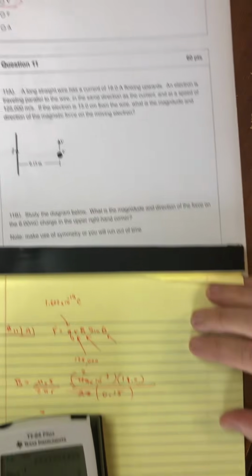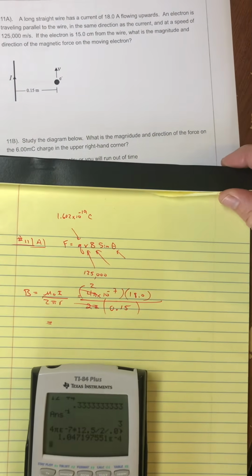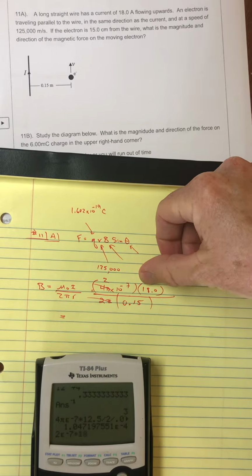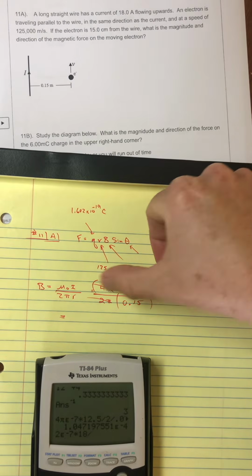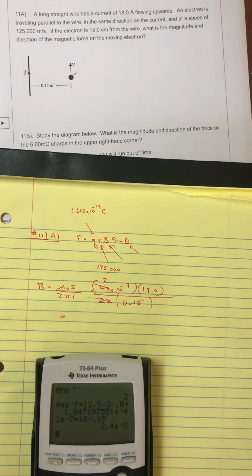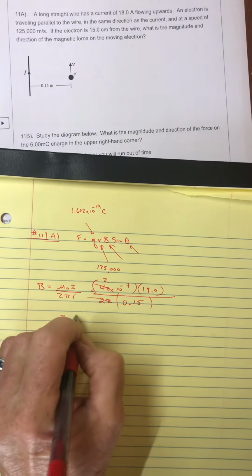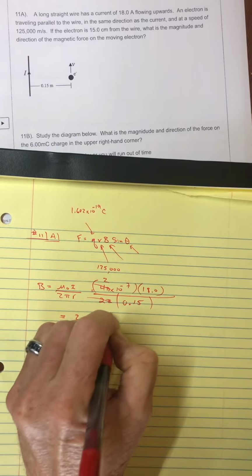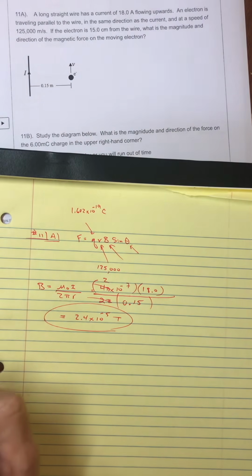So, grabbing my calculator, I'll put in my 2 times 10 to the negative 7, times the 18 divided by the 0.15, and it gives me 2.4 times 10 to the minus 5 tesla. So there's the value of the magnetic field.